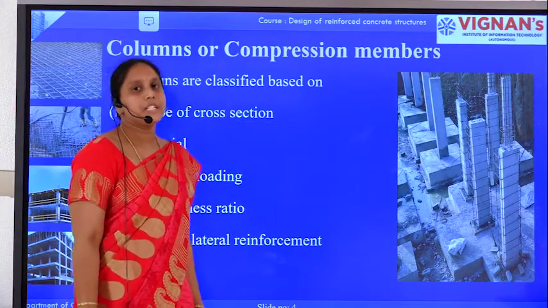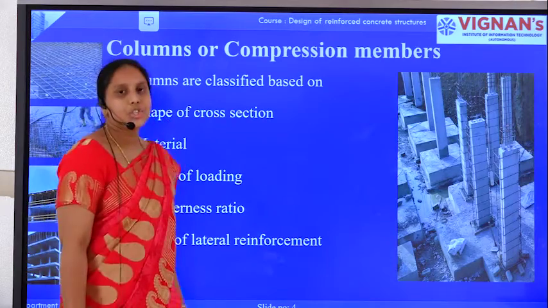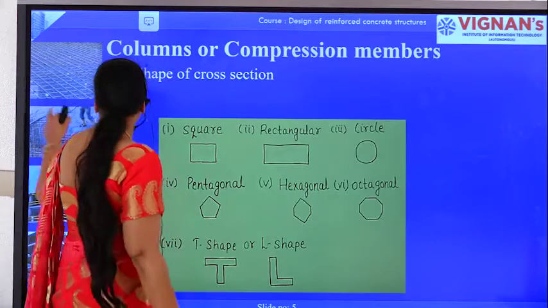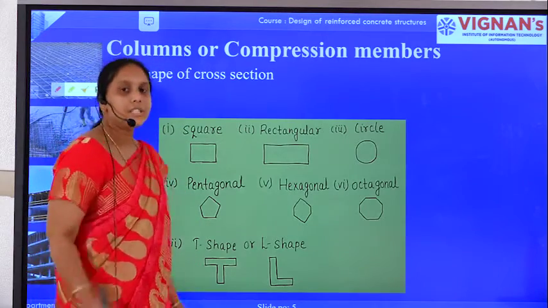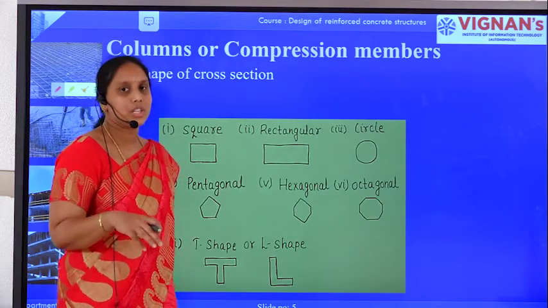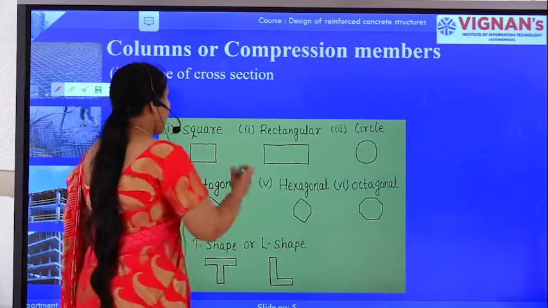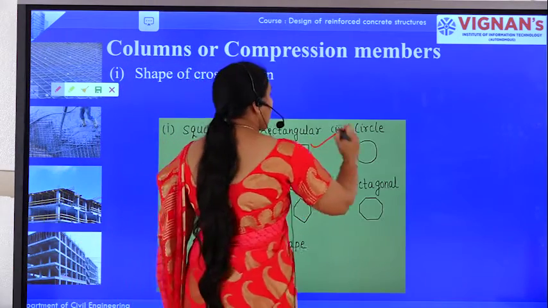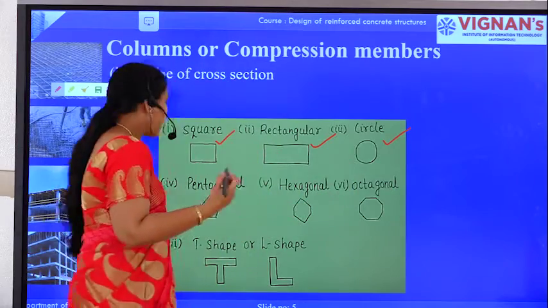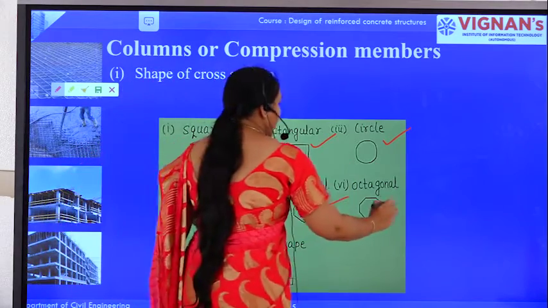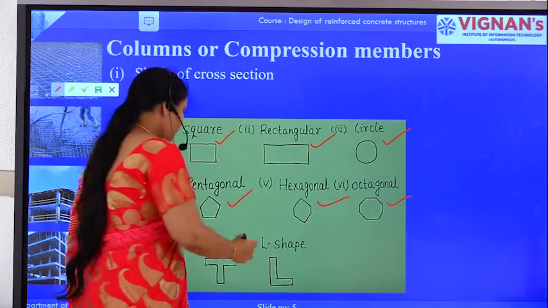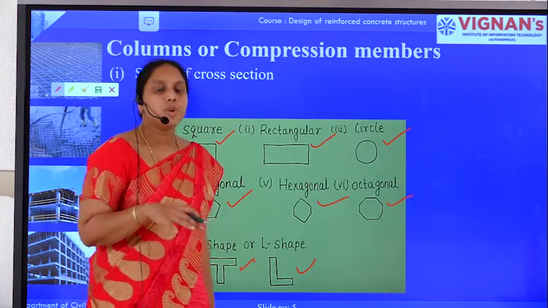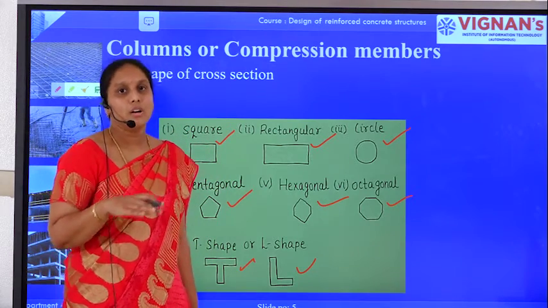First, the classification based on the shape of the cross section. If we take the cross section, the columns may be square columns, rectangular columns, circular columns, pentagonal, hexagonal, octagonal columns, T-shaped and L-shaped columns. These are all the types of columns based on the cross section.